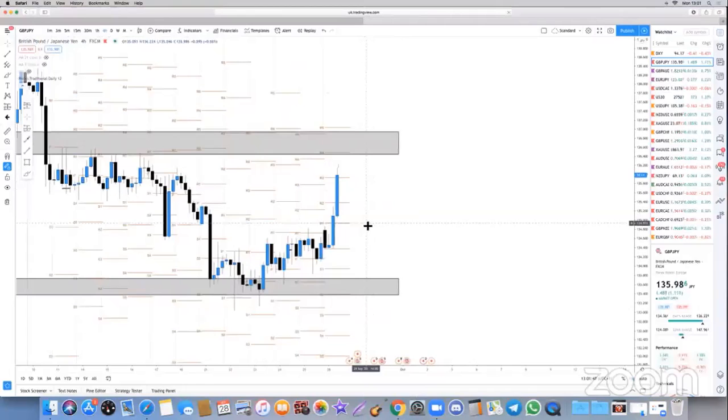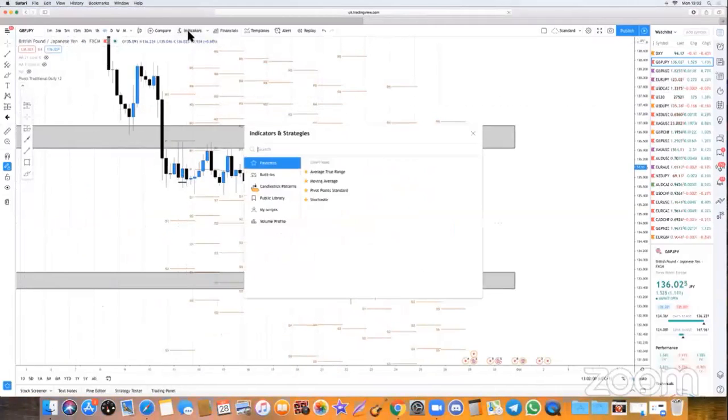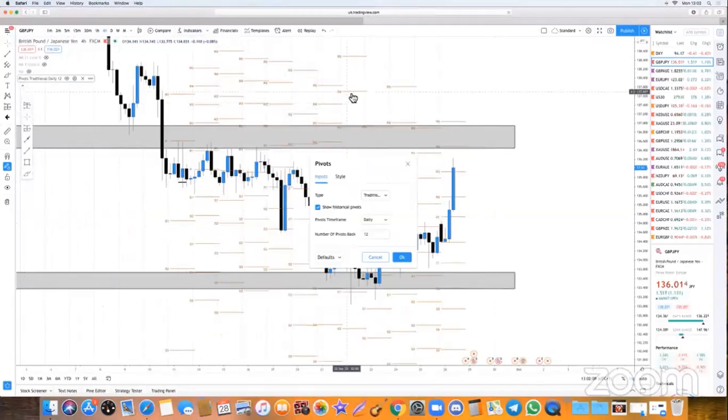Guys, this is called the pivot point indicator, okay? Pivot point indicator. Guys, write it down. If you want to find it, you go to indicators at the top and type in pivot point standard, okay? When you type in pivot point, it's going to come up on your chart.